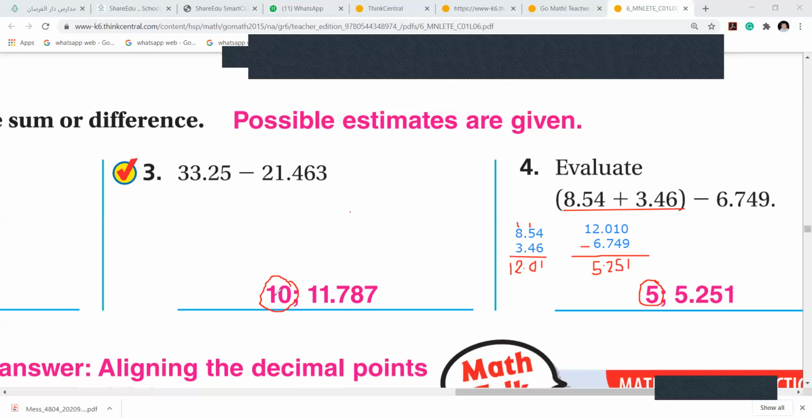Miss, but when I estimate that 33 minus 21, it's not counting. 33 minus 21? You mean it's not 10? Anyways, it has to be 11, okay? No, it's 12, Miss. 12. Yeah. Okay, dear, I will check and tell you.